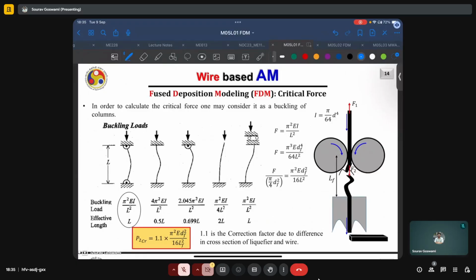It has been found that the case of feeding of filament through the rollers into the liquefying region is similar to the case of both ends pinned and a buckling load being applied, in which case the effective length turns out to be the length of the filament between the rollers and the liquefying section, and the critical buckling load turns out to be pi square EI by L square.